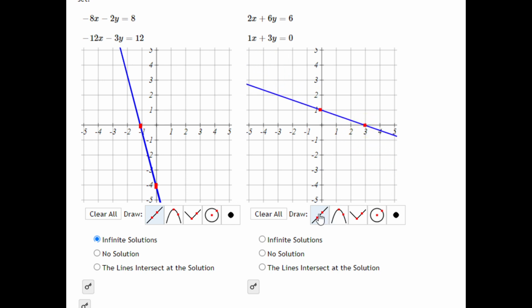Now I click my second line, and again my slope is negative 1/3, but my y-intercept with this one starts at 0. So I start this one at 0, and then I go down 1 and still over 3 as I did the last one. Now, these two on this graph are parallel. What that tells me is that there is no solution to this.